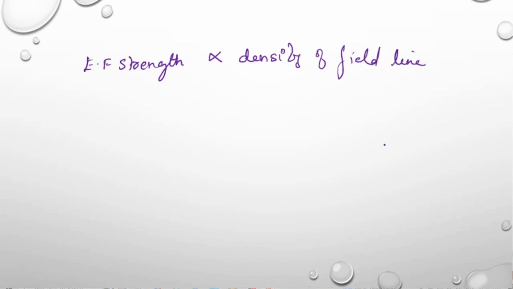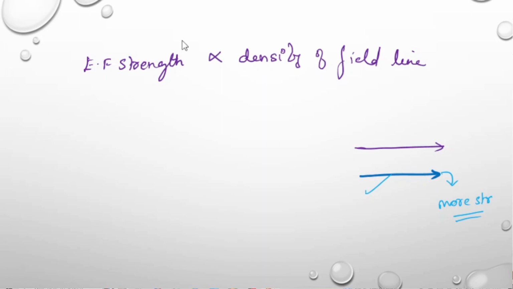Suppose you have this electric field and you have another electric field. Which electric field will have more strength? Of course, this one will have more strength, because the density of this one is more. Density means thickness, right? So the density of this field line is more, therefore it will be stronger.